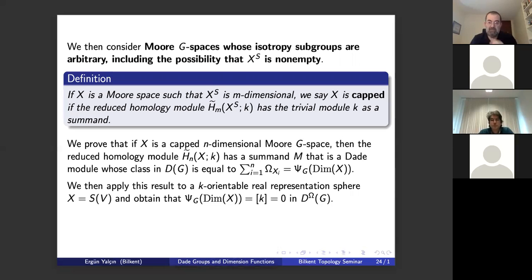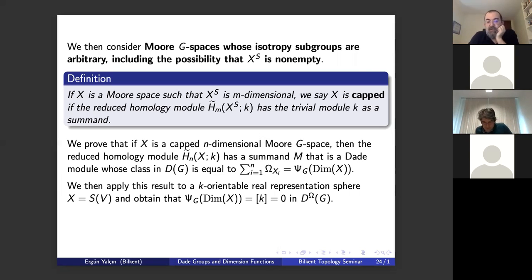Now, what happens with the K-orientable real representation spheres? The homology is K. You know it already. And that K becomes the image of its dimension function under the Bouc homomorphism. So that means that the dimension function of the real representation goes to zero under the Bouc homomorphism.